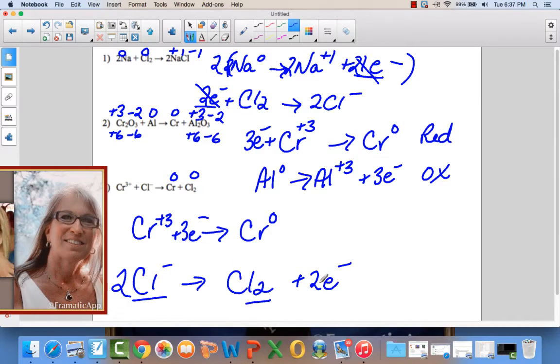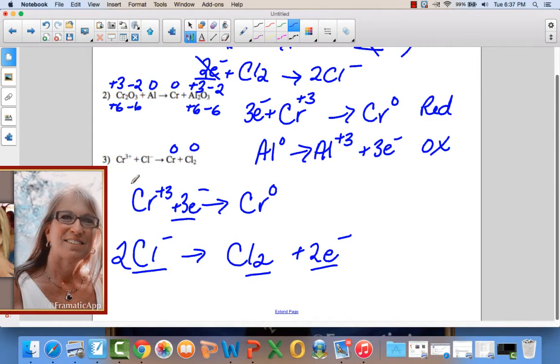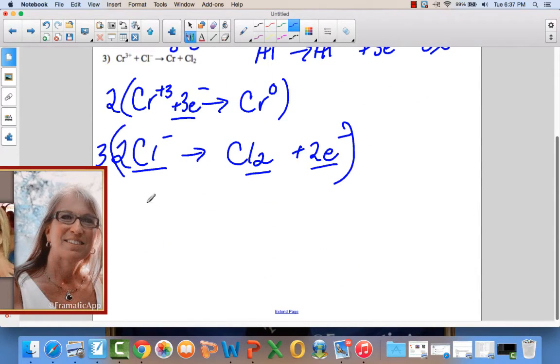Now here my electrons aren't balanced, so if I really wanted to balance this half reaction, what I would do is multiply this whole thing by 2 and this whole thing by 3. And let's see what I get. I get 2Cr+3 plus 6 electrons yields 2Cr0.